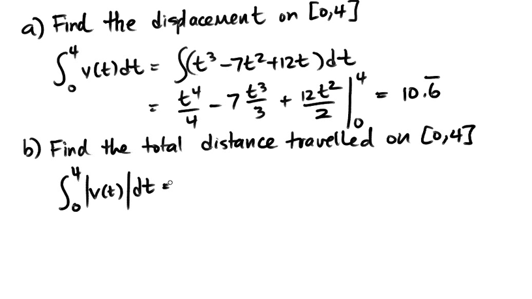So if you go ahead and graph this, so go grab your graphing calculator, graph your original v of t function, and see if you can see when it is positive and when it is negative. So pause the video and go ahead and do that.